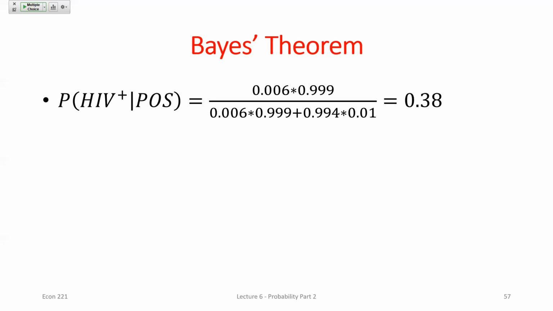So there will be 1.5 million people that get a positive test result and have the disease out of a total of 4.5 million people who have a positive test result. This group ends up being just more people, because even though the false positive rate is low, there are so many more people that are HIV negative. 1% of a really large number is going to be greater than 99.9% of a really small number of individuals who had it.